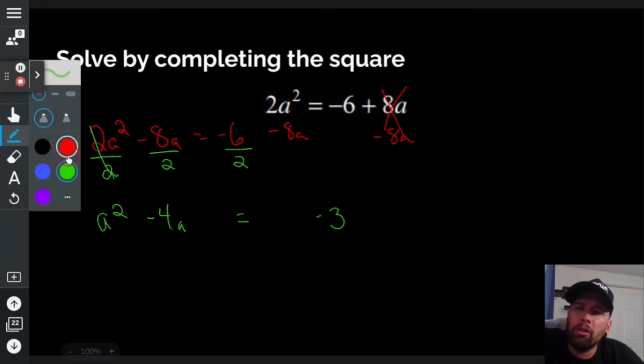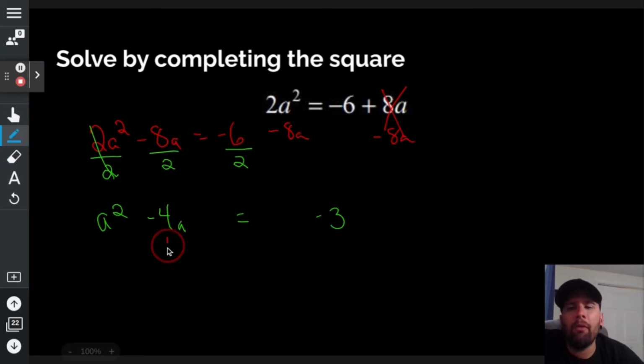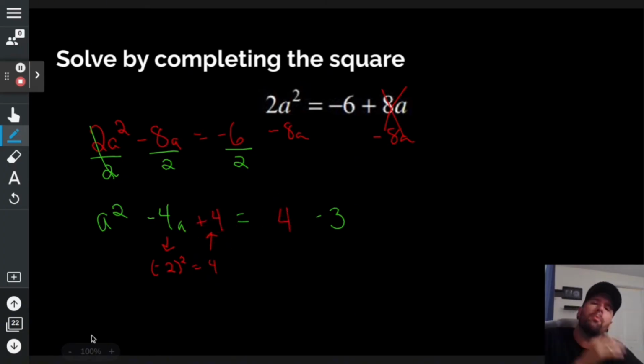Now, to complete the square, what you do is you take half of the number in front of a, so negative 2. You square that, so positive 4, and you add that to both sides. Okay?